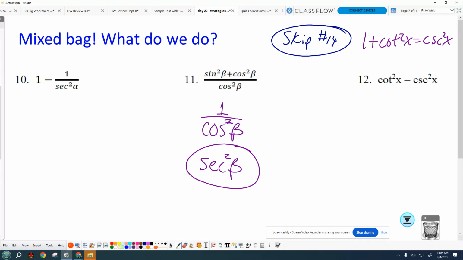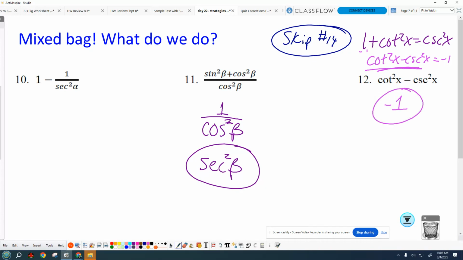Can I move this stuff around? You subtracted the cosecant squared and you subtracted the 1. So what does cotangent squared minus cosecant squared equal? Negative 1.